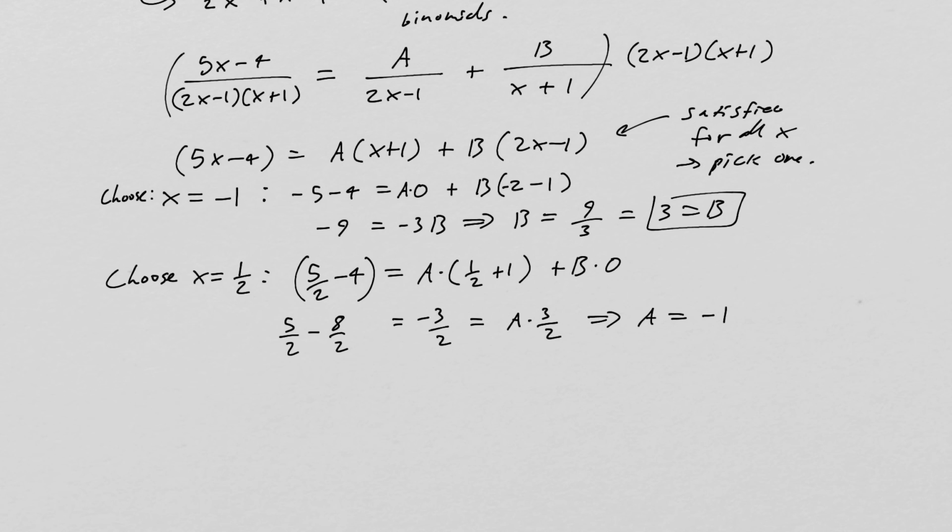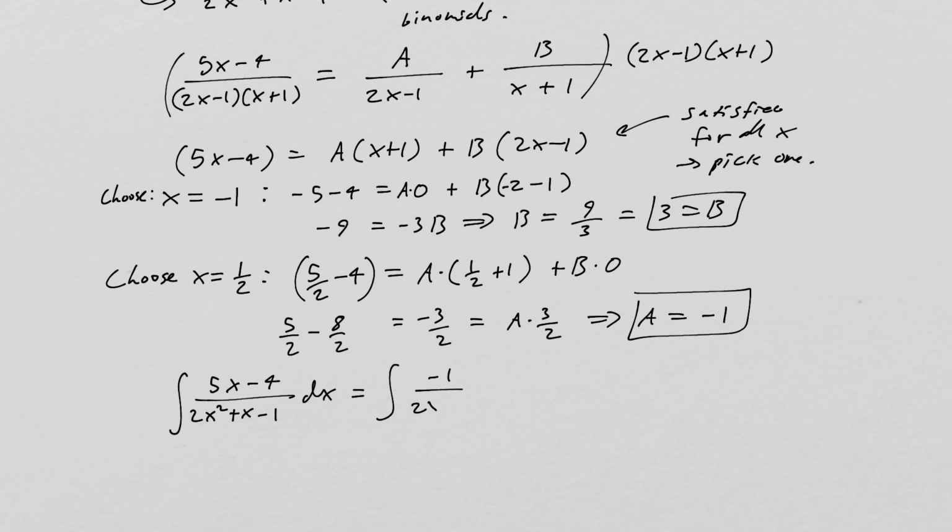All right, so we found our a and we found our b. Now let's go back to our original problem. I had the integral of 5x minus 4 all over 2x squared plus x minus 1 dx, which is now going to be expressed as minus 1 over 2x minus 1 plus 3 over x plus 1.